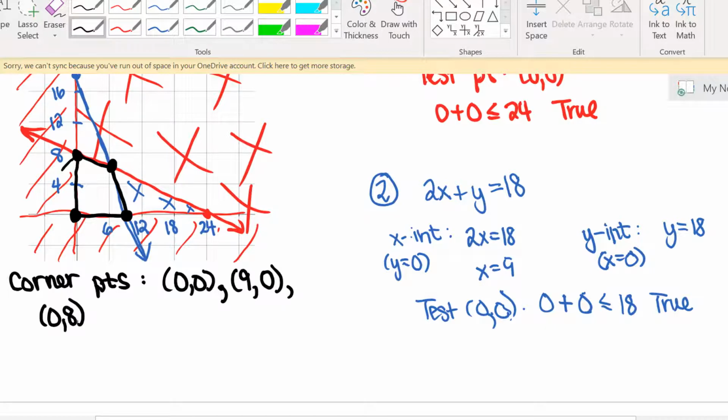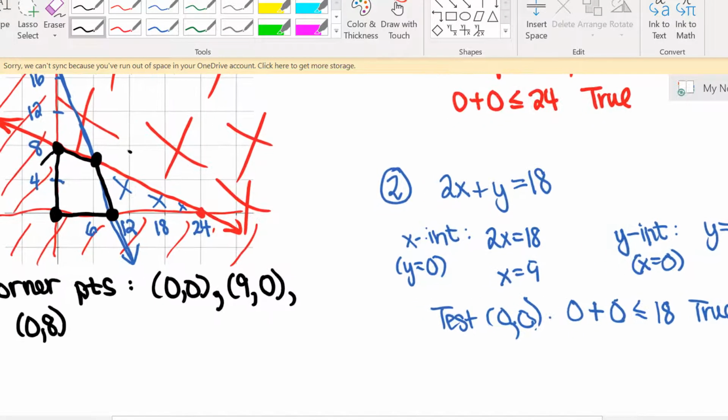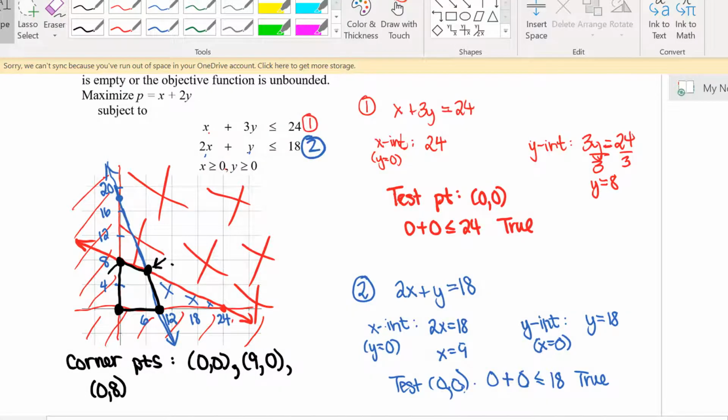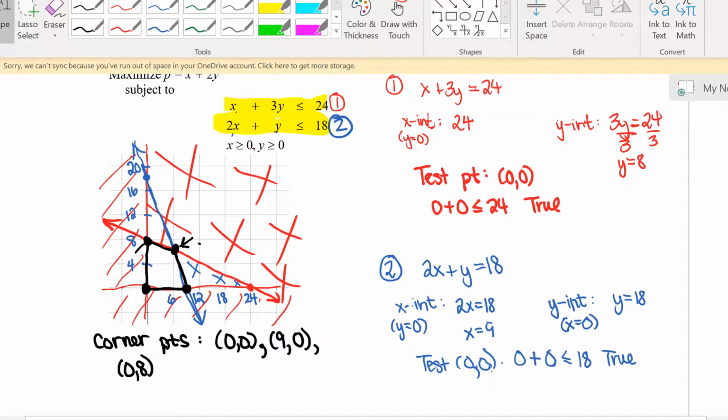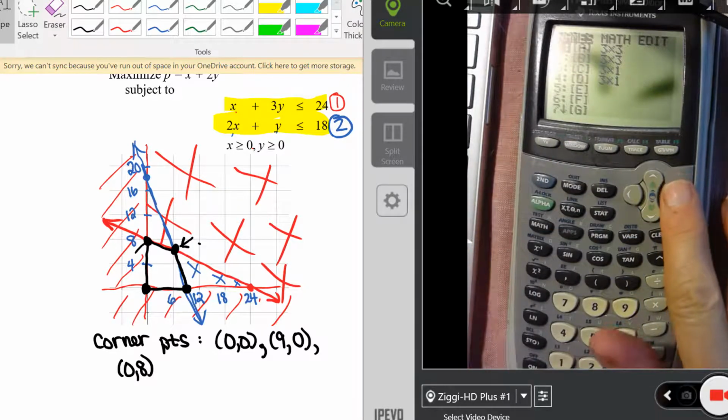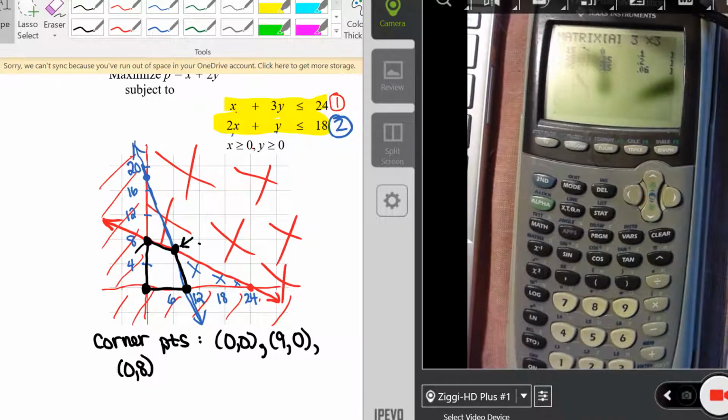But then the other one right here, this one is not so obvious. So you can either solve it by hand using substitution or elimination, or we can use our calculator and matrices, and that's the way I'm going to do it. So I'm going to think of this system and make an augmented matrix for that system. Okay, so go to second matrix, edit, and we'll have 2 rows, and if it's augmented, we'll have 3 columns.